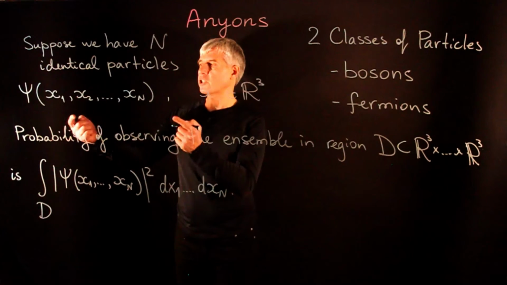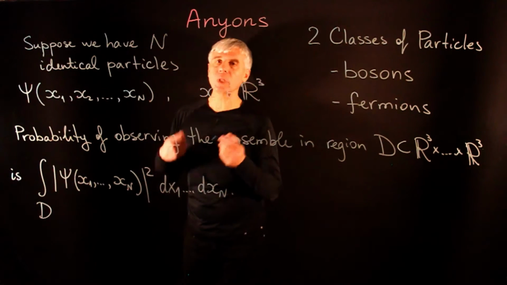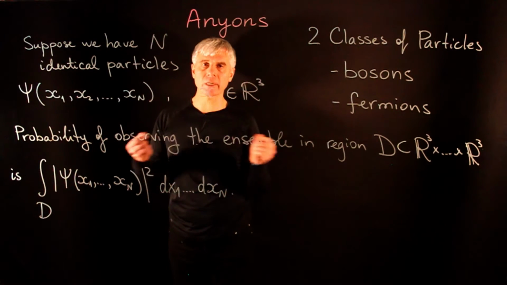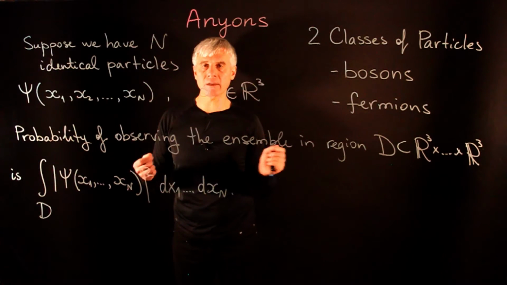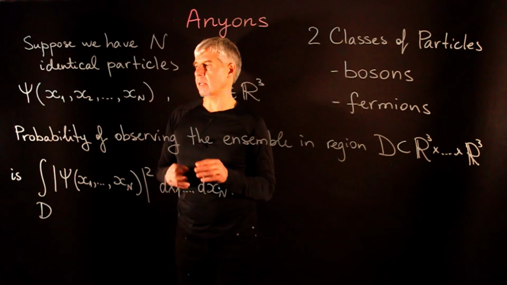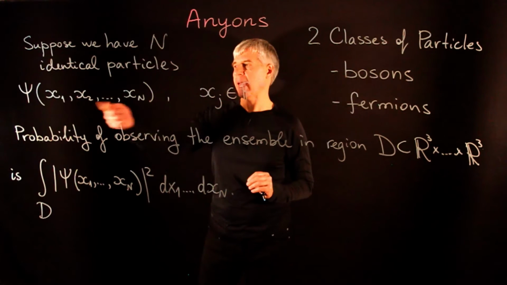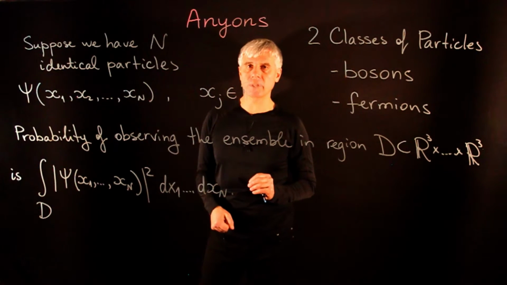So this wave function describes how likely it is to detect this combination of particles in the prescribed areas of the space. And typically, this wave function decays to 0 when any of the xi's goes to infinity.